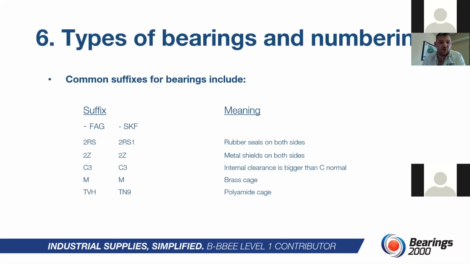So again, 2RS or 2RS1 indicates the rubber seals, 2Z the metal shields on both sides, C3 the internal clearance that is bigger than C normal or C standard. The new one that we have a look at here is M, and that indicates that the cage is made out of brass, and the TVH and TN suffix is a polyimide cage.